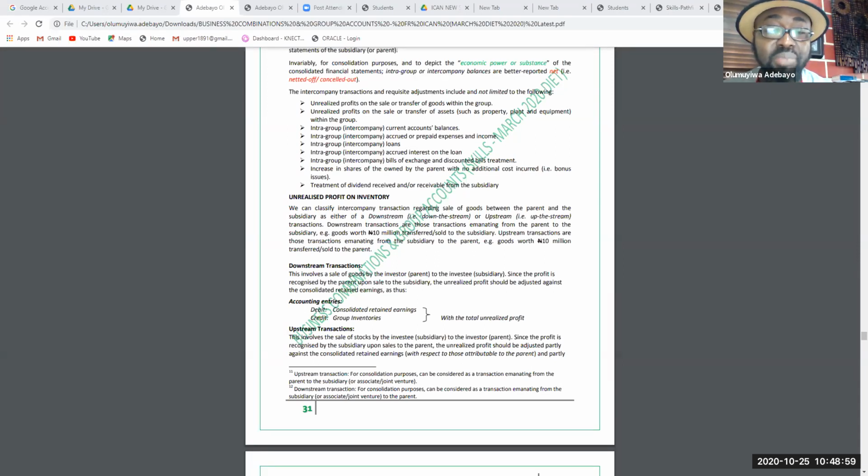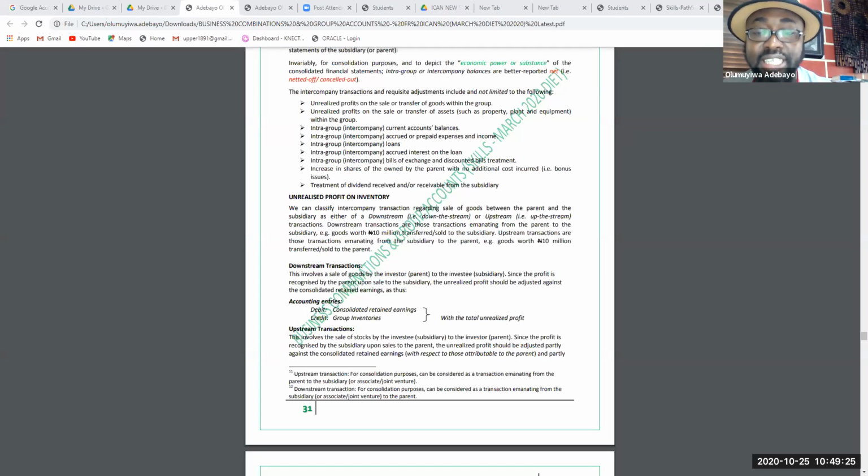Which then means that at every point in time, your profit on sales should be analyzed. And the base of analysis is that what portion of it has been sold by the other member of the group that bought it from the other to third party. And what portion of it remain what? Unsold.